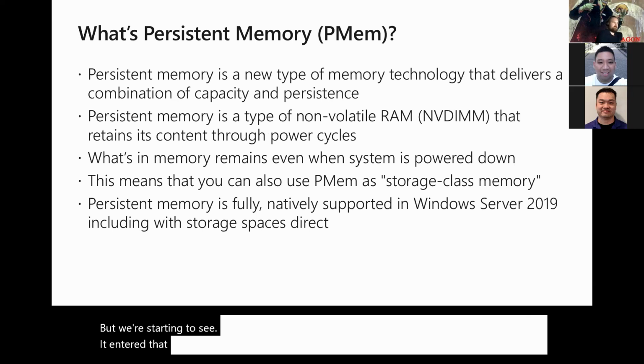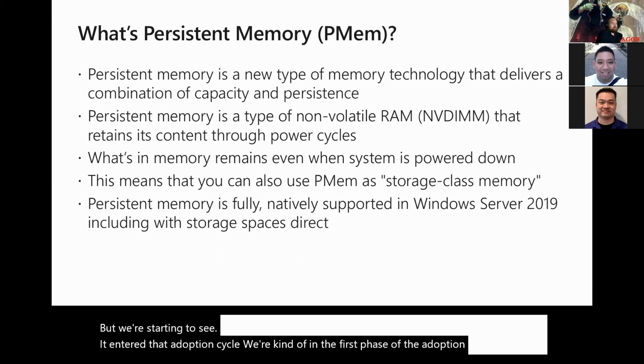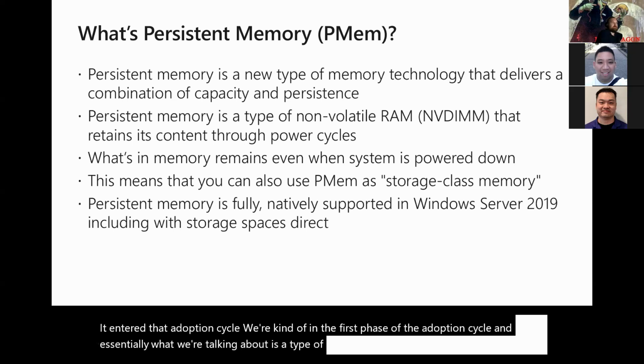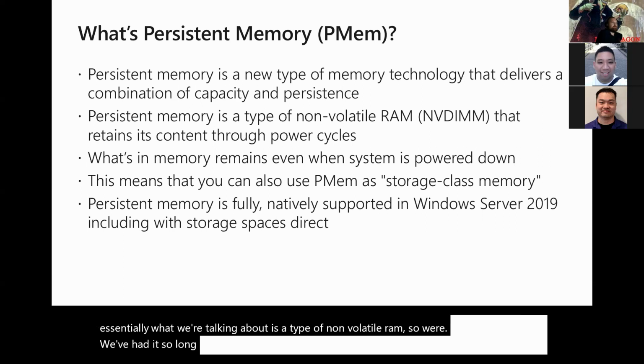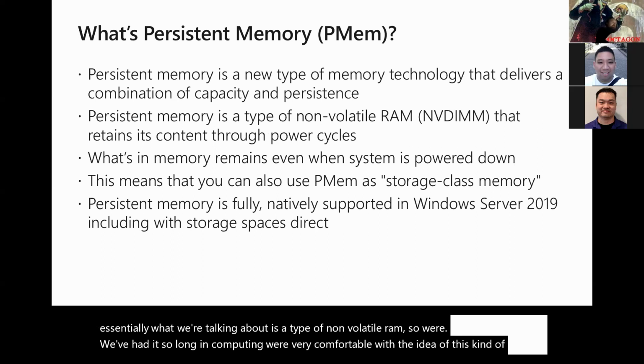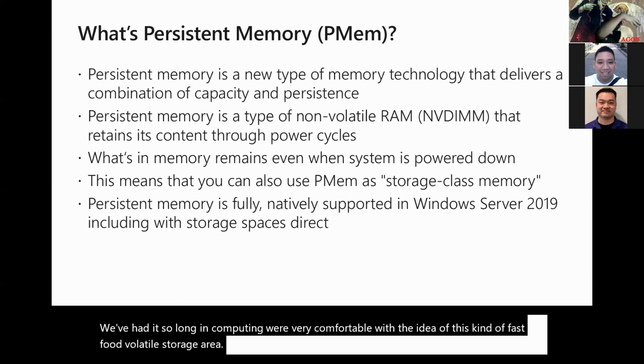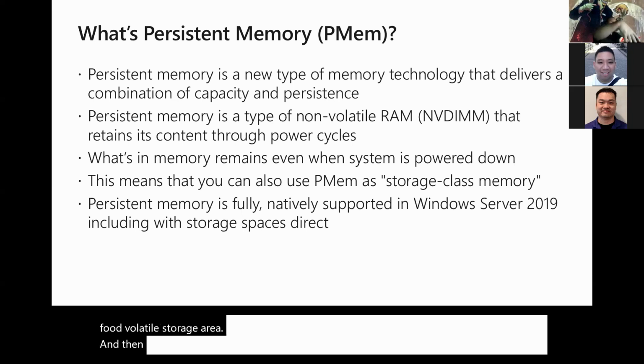We're in that first phase of the adoption cycle. Essentially what we're talking about is a type of non-volatile RAM. We've had it so long in computing, we're very comfortable with the idea of this fast but volatile storage area, and then this slower, durable storage area that's not volatile.